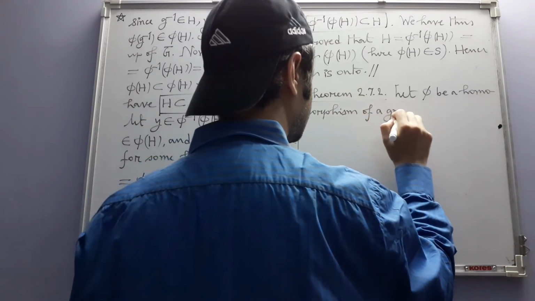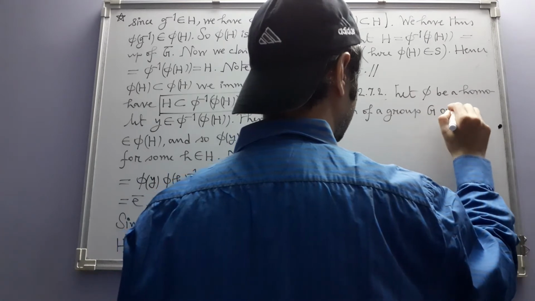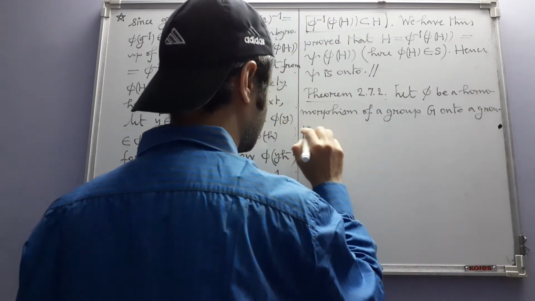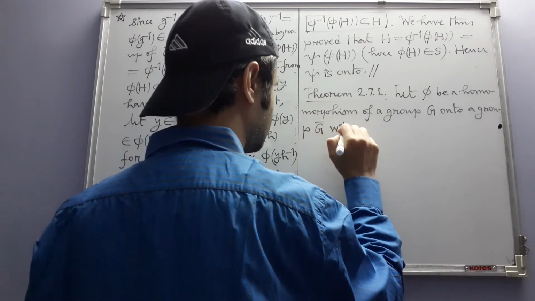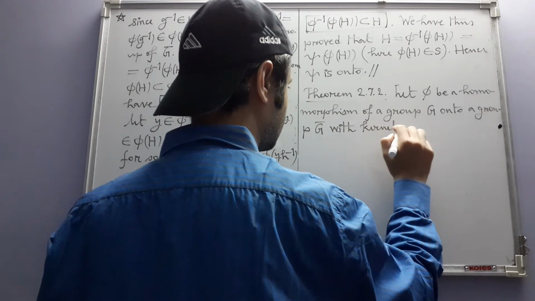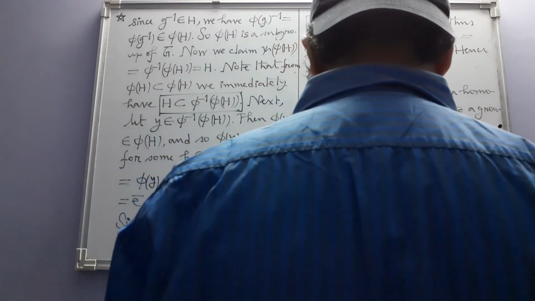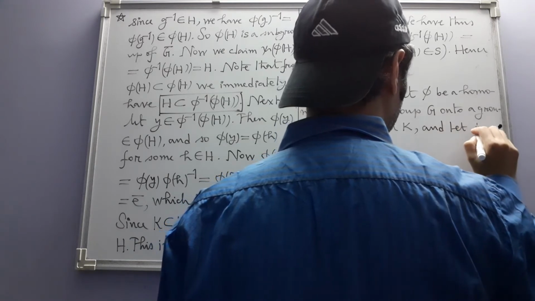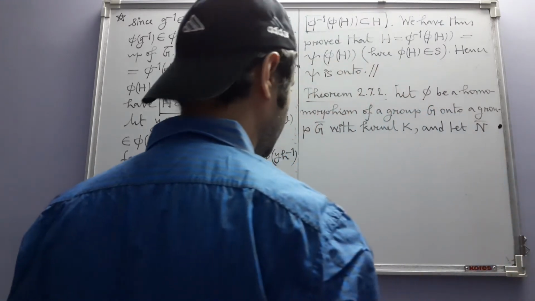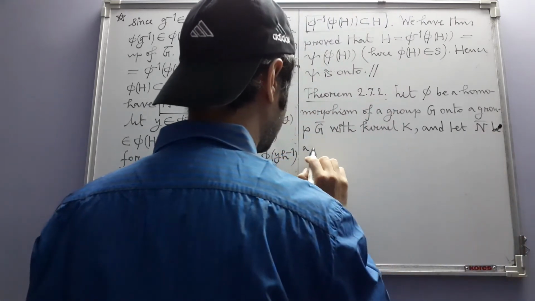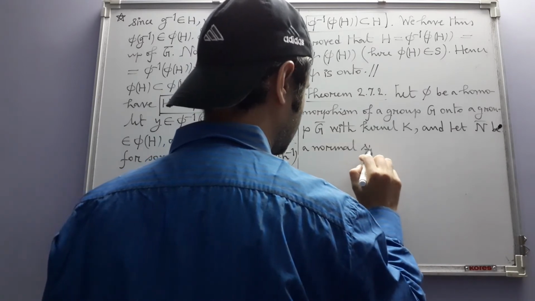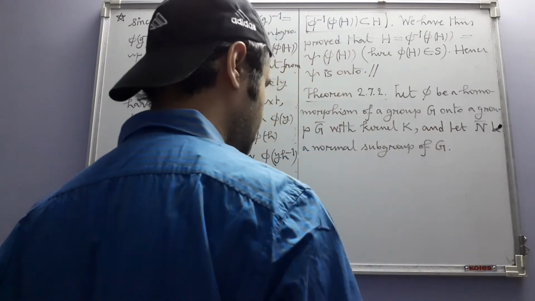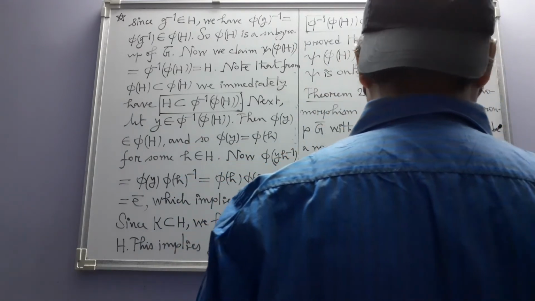Homomorphism of a group G onto a group G bar with kernel K, and let N bar be a normal subgroup of G bar, sorry.